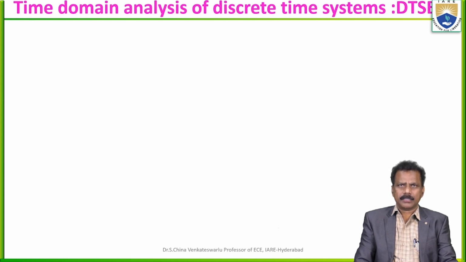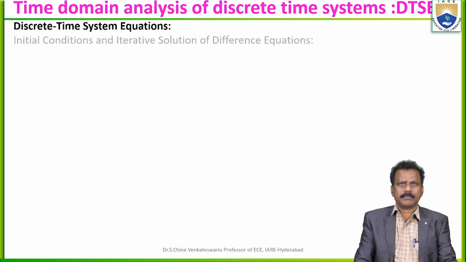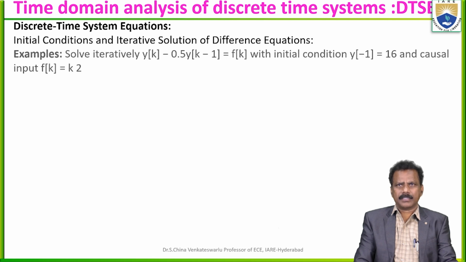From this time domain analysis of discrete time systems, we have to consider mathematical expressions. So, initial condition and iterative solution of difference equations. For this, we use a simple example.